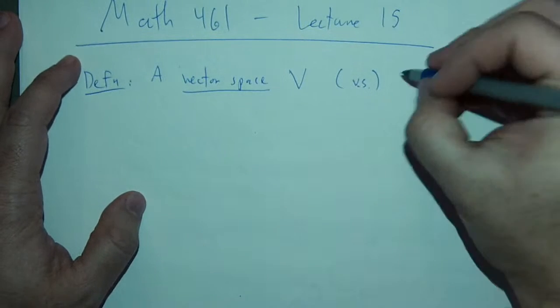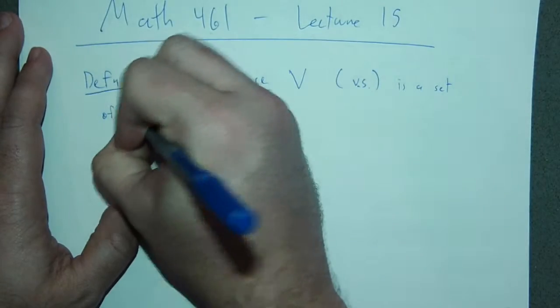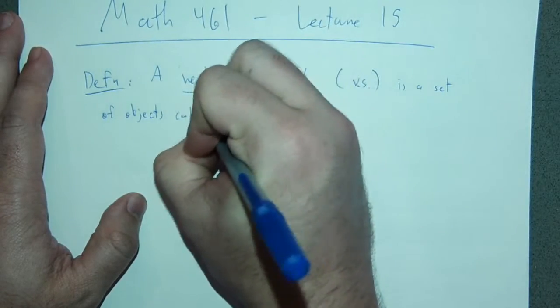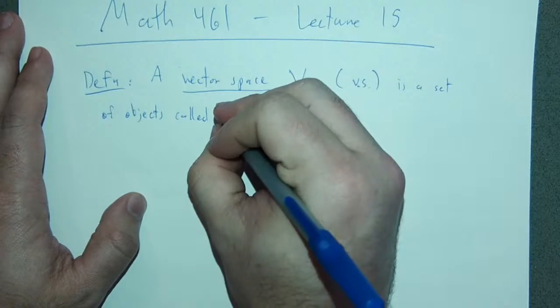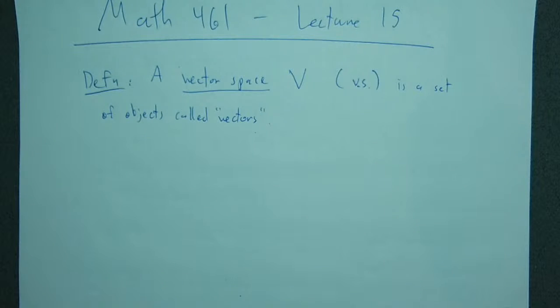So a vector space V is a set of objects, a collection of things, called vectors. The reason for using quotes here is that they do not have to appear to be vectors in the usual sense, even though in every case they can be thought of as vectors in the sense that you have already thought of them.